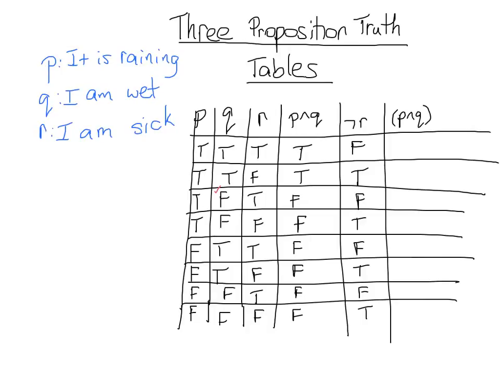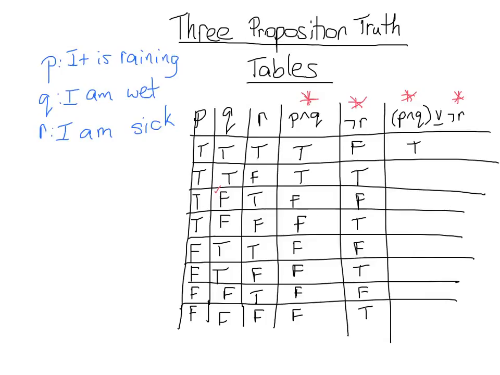So we can put it in parentheses, or but not both, not R. So P and Q, not R. So we are focusing on P and Q, and we're focusing on not R. And for or but not both, exactly one should be true. Or but not both. So one should be true and one should be false in order for our statement here to be true.